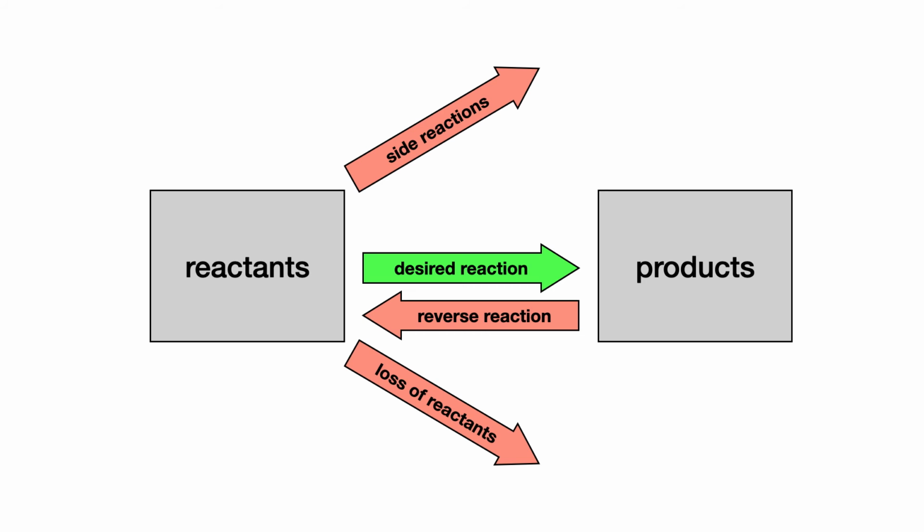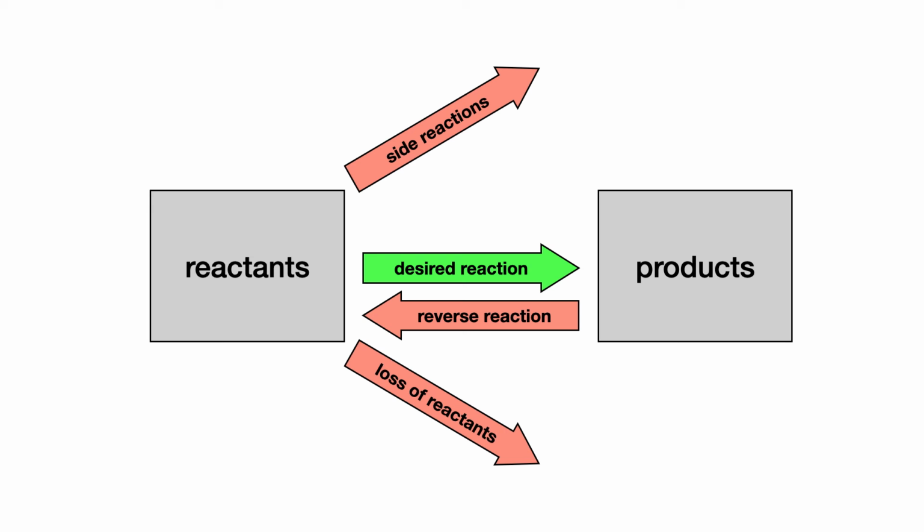So all of these things mean that when you do a reaction for real, the amount of products that you get is almost never the theoretical yield that you might calculate. Instead, these other processes can happen that will reduce the amount of products that you get.